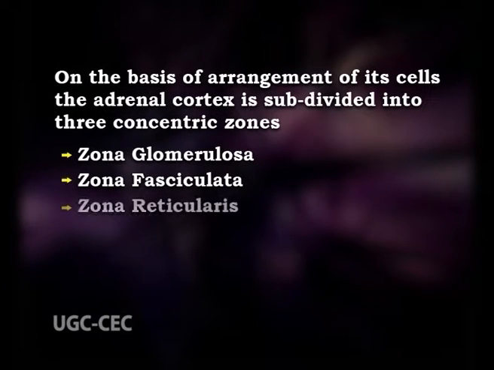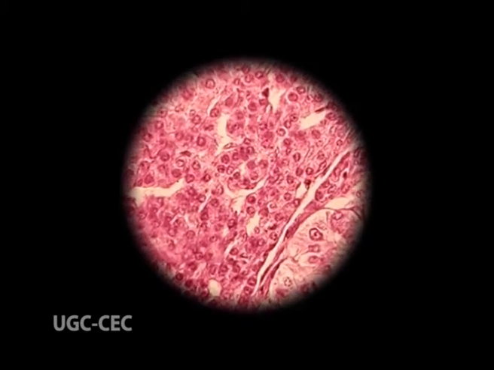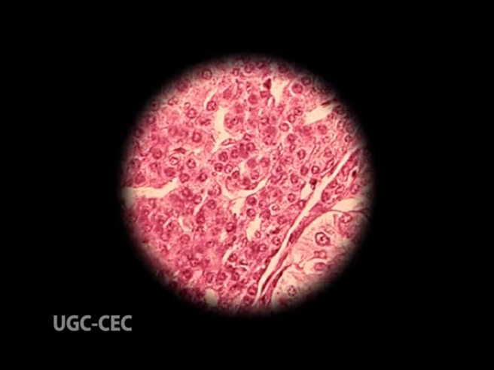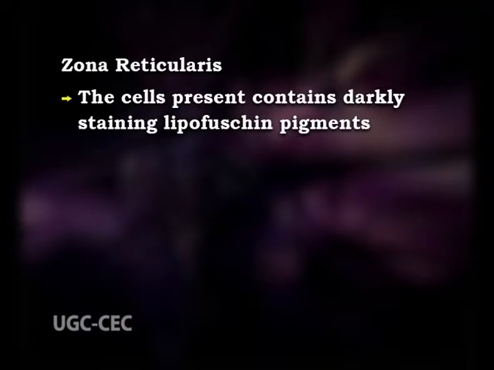Third zone is zona reticularis. It is the innermost layer of the cortex. It is so called because it is made up of cords that branch and anastomose with each other to form a kind of reticulum. The cells present contain darkly staining lipofuscin pigments.